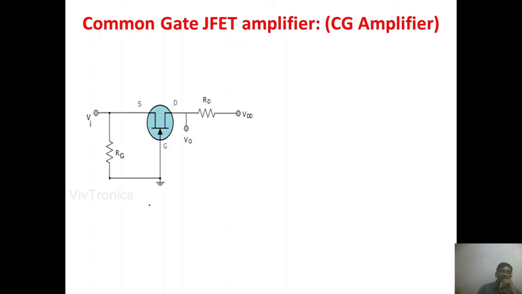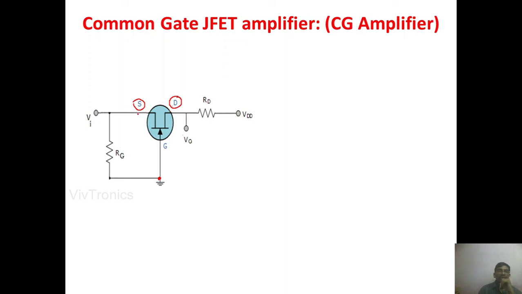So the common gate JFET amplifier, we already saw, will be used for high frequency analysis. Okay, so this is the circuit for the common gate JFET amplifier. Here the gate terminal is common for both the input and output side circuit, the source terminal is the input and the drain terminal is the output terminal.